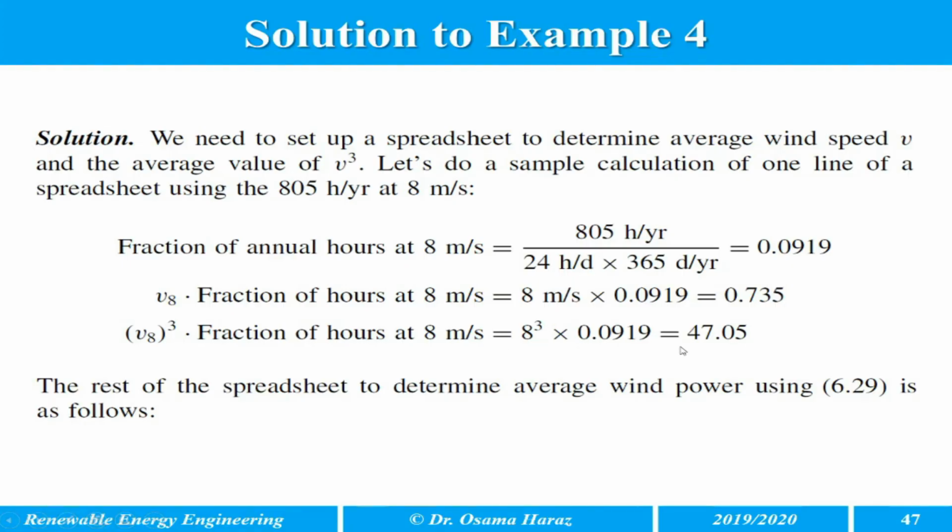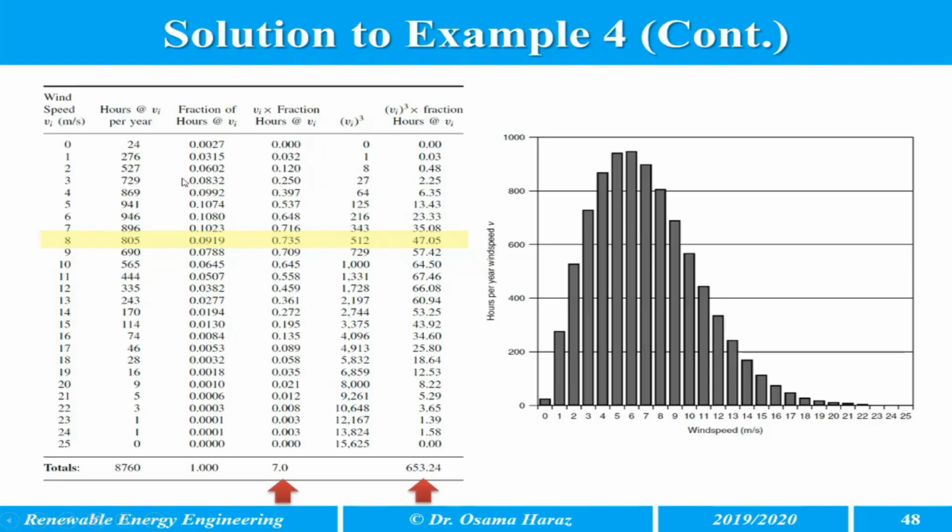The rest of the spreadsheet follows the same principle to determine the average wind speed. First you find the speed, the hours per year, and the fraction of hours at that velocity, and then calculate the velocity times the fraction, the cube of the velocity, and the cube of the velocity times the fraction. The total of the velocity times the fraction will be 7.